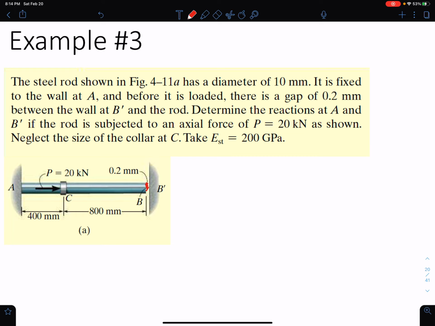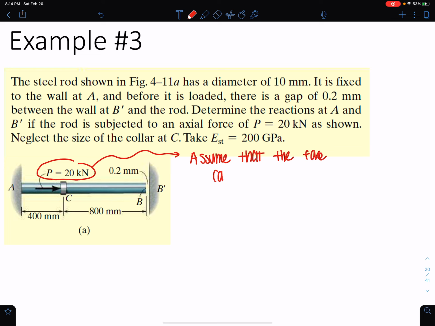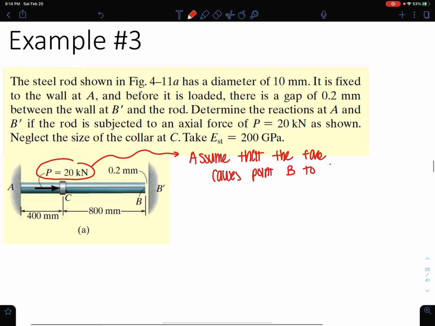We're going to first start this problem by assuming that this force P is large enough to cause B to touch the wall. So we assume that B touches the wall. It basically fills the gap.